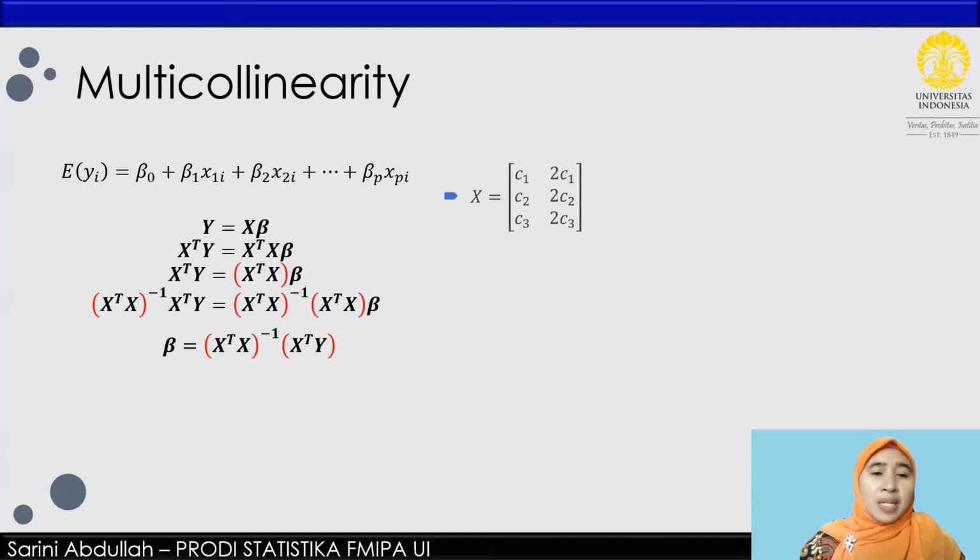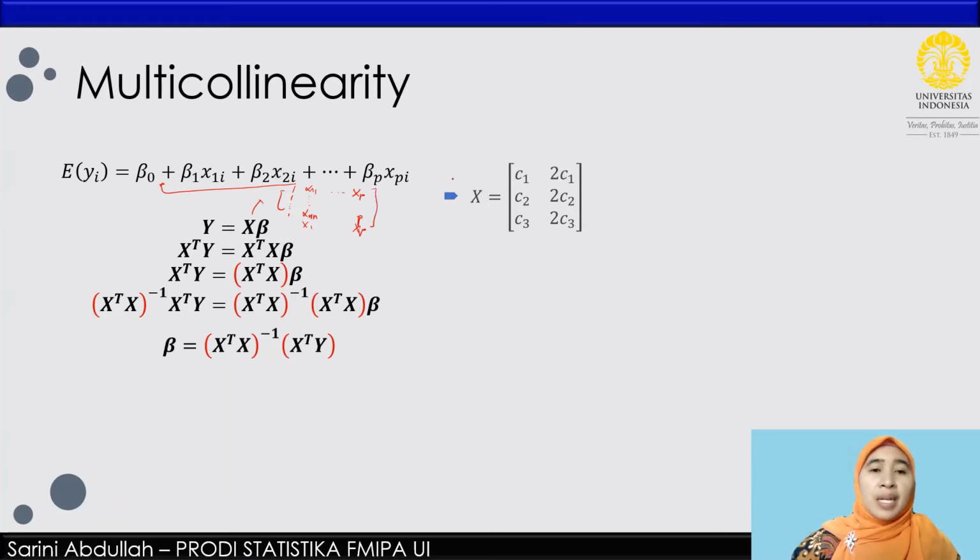The X matrix consists of a first column of 1s associated with beta naught, the second column for x1 for the first person all the way to the nth person, and so on, with the p plus 1 column being the pth explanatory variable.